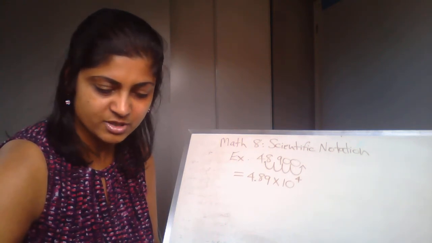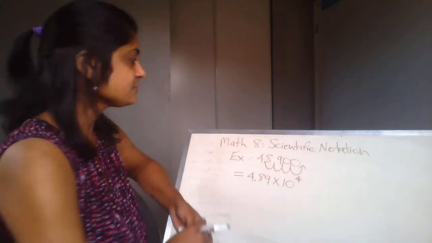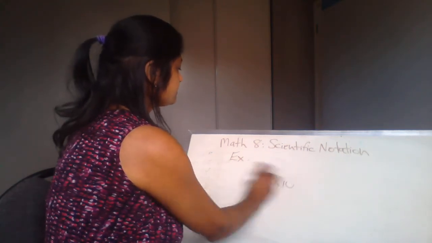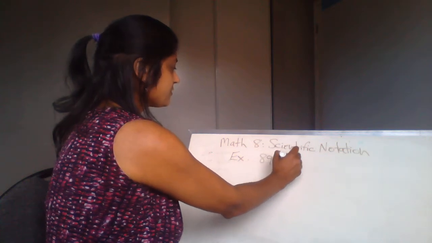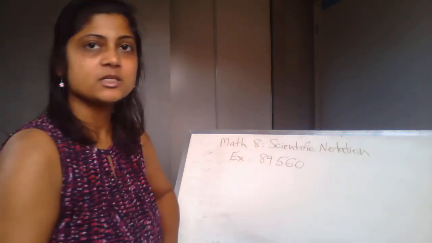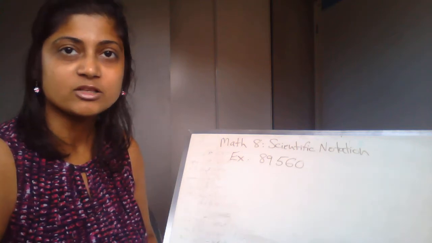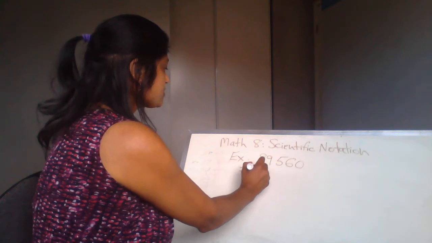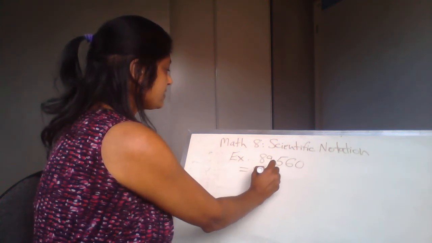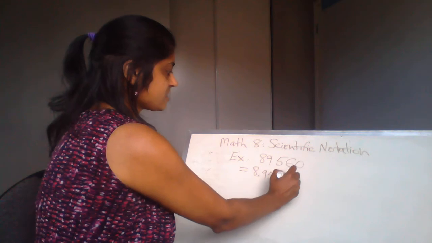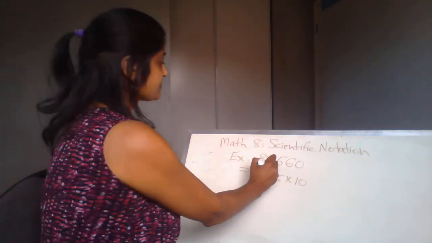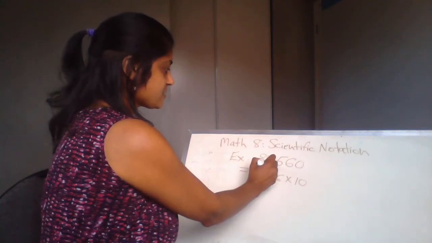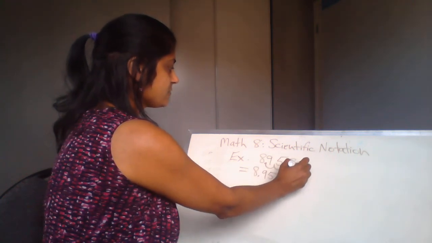With that, let's try one more example here: 89,560. I'm purposely putting all these non-zero numbers just to show you the difference. It's going to be 8.956 times 10. I'm going to move the decimal place, and it's right after the 8, so 1, 2, 3, 4.